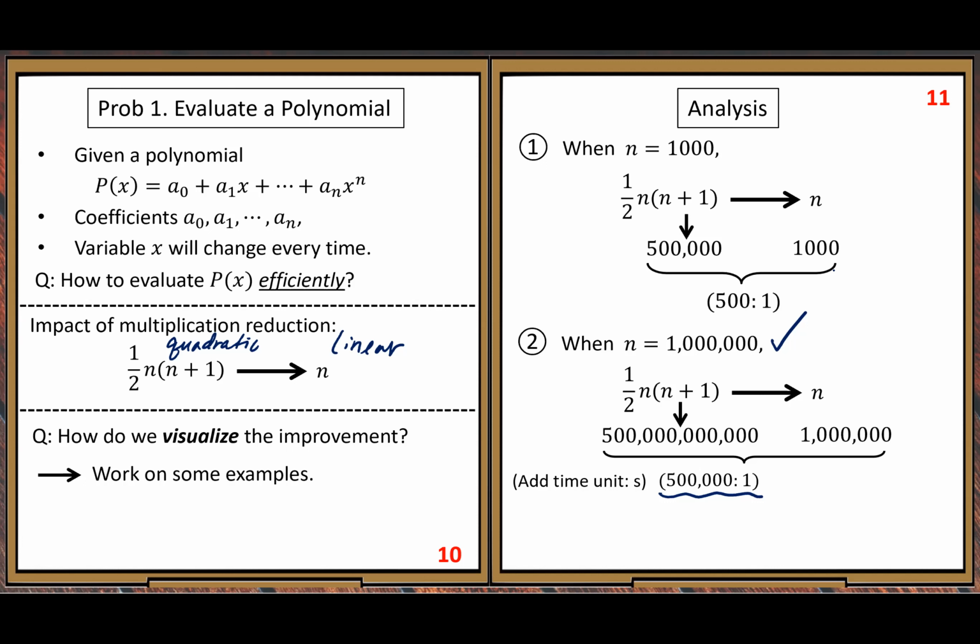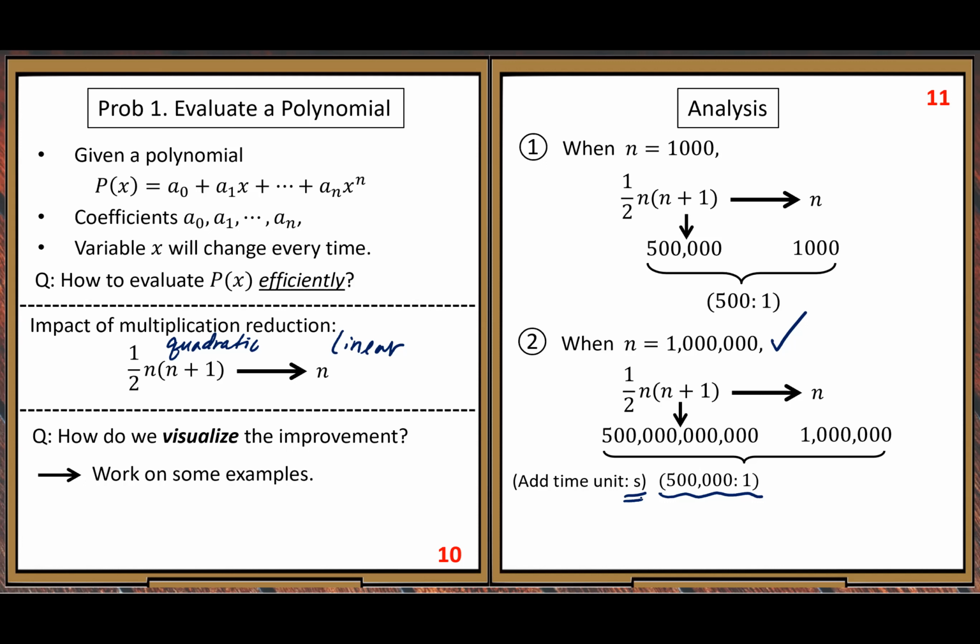And we know the result, 500,000 to 1 ratio. I like to use a convenient time unit, second. That one corresponds to 1 second.